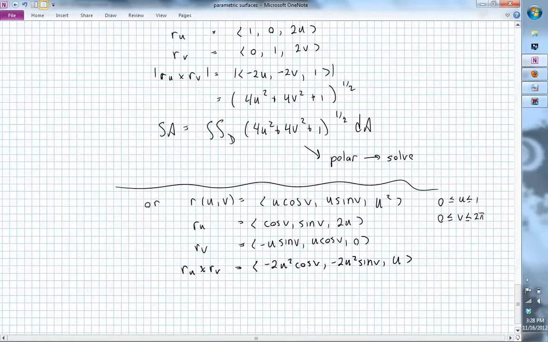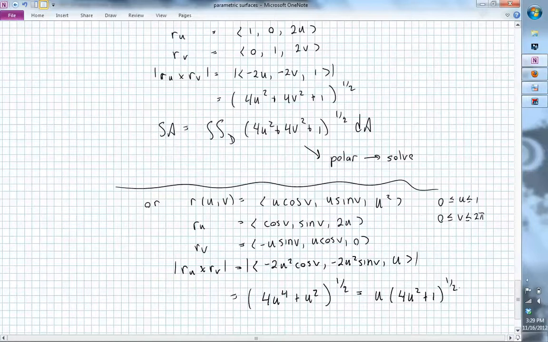Magnitude of that guy. The magnitude is the square root of the sum of the squares. That's 4u to the 4th cosine squared v plus 4u to the 4th sine squared v, aka 4u to the 4th plus u squared, square root, which is just u times the square root of 4u squared plus 1.